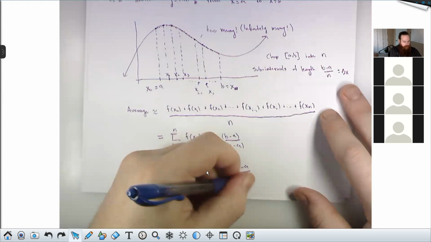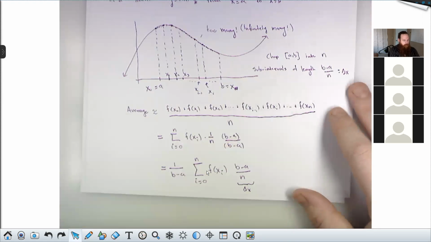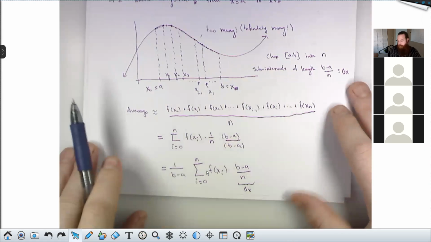Now this piece, this is delta x. So this thing is looking like a Riemann sum.